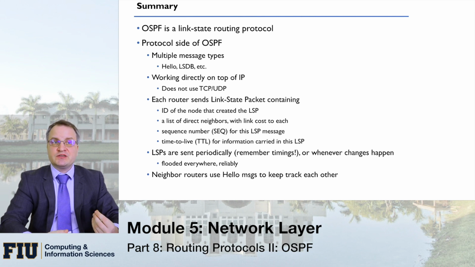OSPF is no longer required to have only up to 15 as a metric of the links, whereas in RIP, the cost of an individual link is 1, basically a hop count. In OSPF, the weight can be anything, and this is actually defined by the system administrator, and then it is taken as input to the Dijkstra algorithm, which calculates the shortest path in terms of the cost of the individual links.